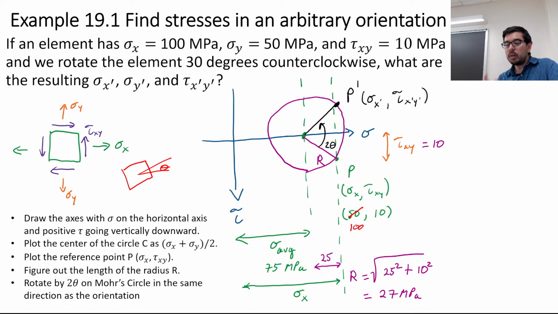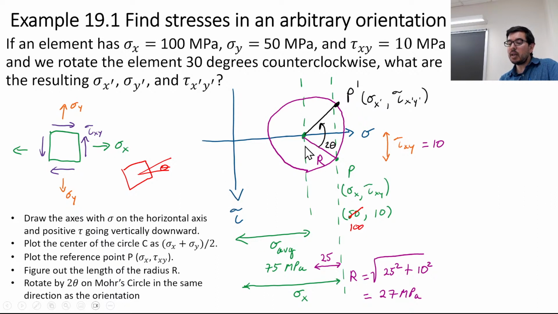All right, so please keep in mind, watch how you do this, whether it's the videos that I've posted or other people who do Mohr's circle, but be aware that that angle of rotation is twice on Mohr's circle. It's in the same direction using our convention, using Hibbeler's convention, with tau going downward.